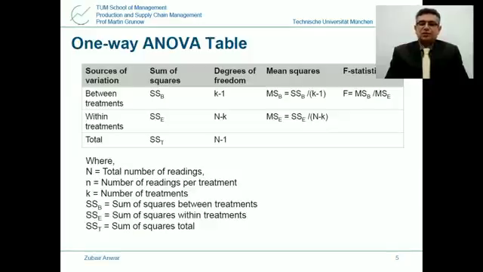The mean squares are MSB equal to SSB divided by k-1, and MSE, within treatments, equal to SSE divided by n-k. Taking the ratio of MSB and MSE, we find the F statistic. Here, n is the total number of readings, small n is the number of readings per treatment, k is the number of treatments, and SSB, SSE and SST are the sums of squares.